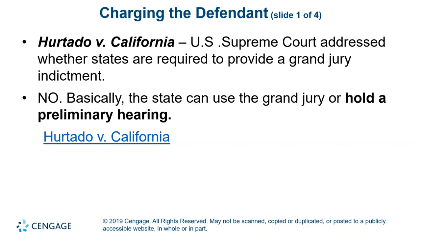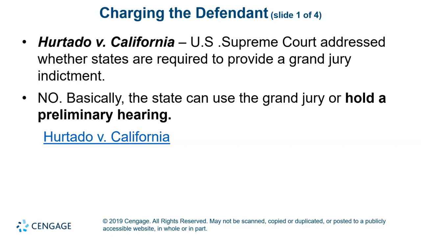By definition, an indictment is a written accusation returned by a grand jury charging a person with a specified crime after determination of probable cause. Okay, so that's what a grand jury does, if you will. Now, there was a Supreme Court case that came up as a result of a challenge saying that, hey, I should be tried by, or there should be probable cause formed by a grand jury.